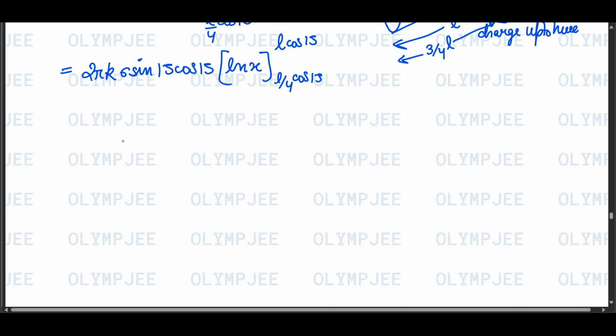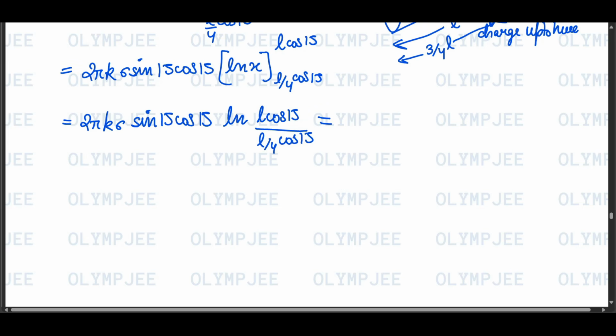So finally we will get 2 pi k sigma sine 15 cos 15 times natural log of L cos 15 minus natural log of L/4 cos 15. So I am using the property ln a minus ln b is equal to ln a by b. So in the denominator we will get this.